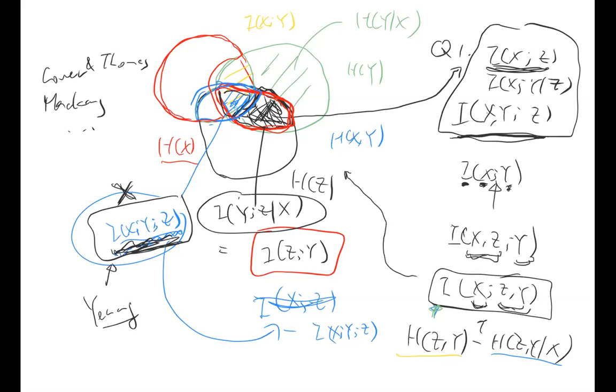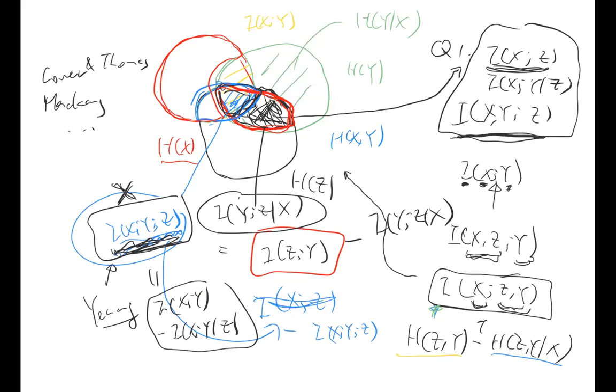This value you can define, but it is just equal to this region here, which is equal to I(Y;Z) minus I(Y;Z|X), or you can define it as I(X;Y) minus I(X;Y|Z). But this definition is not equivalent to the amount of information shared by X, Y, and Z. It's something different.